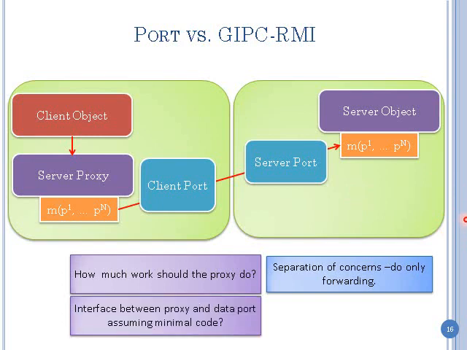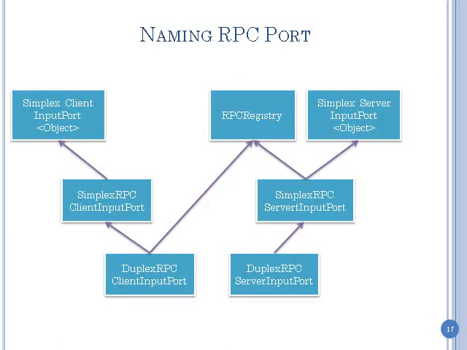So what is the interface between the proxy and the port? This is going to be an RPC port. We saw before the current subject that there was an RPC registry that each port implemented, so you could register methods on that. We saw it as a simple hash table: here's my name, here's my object.